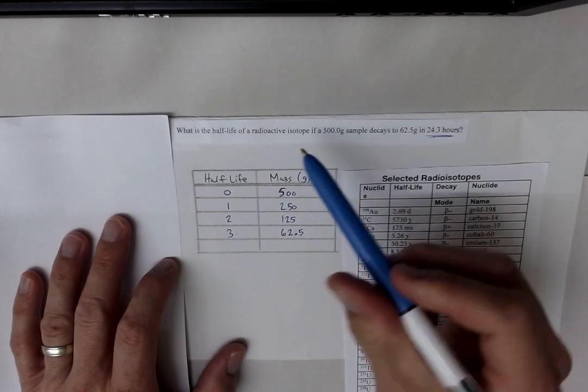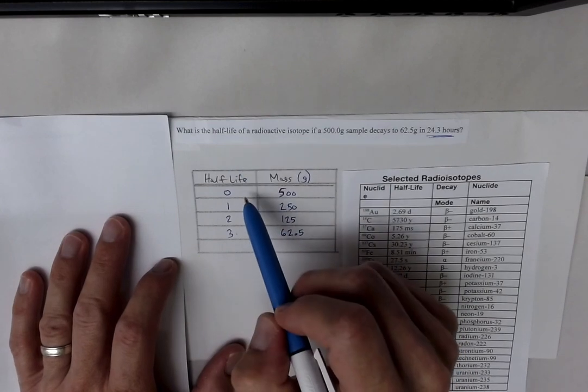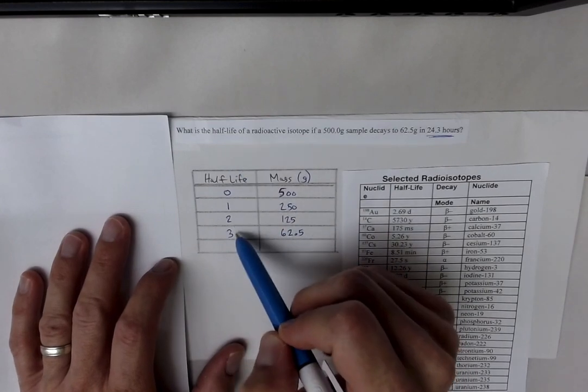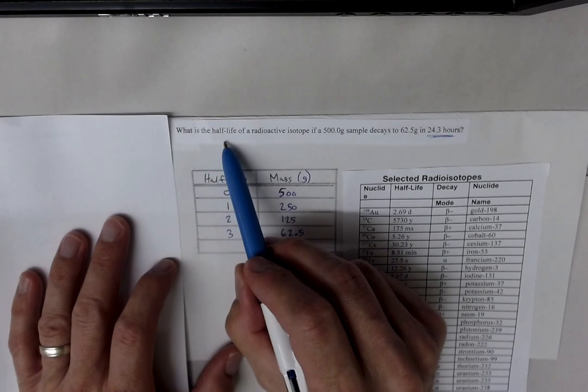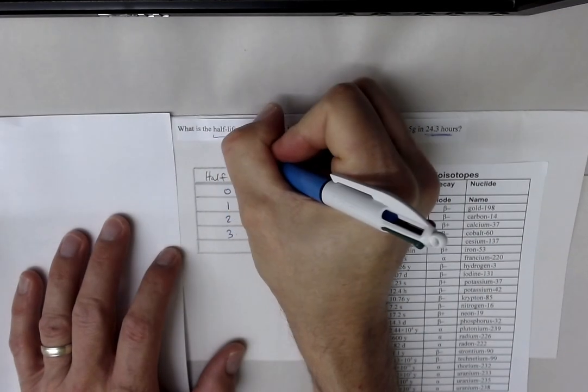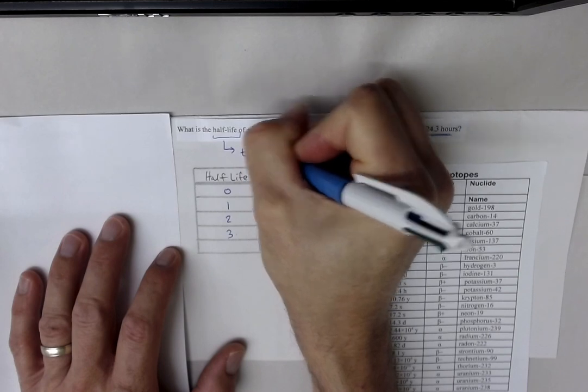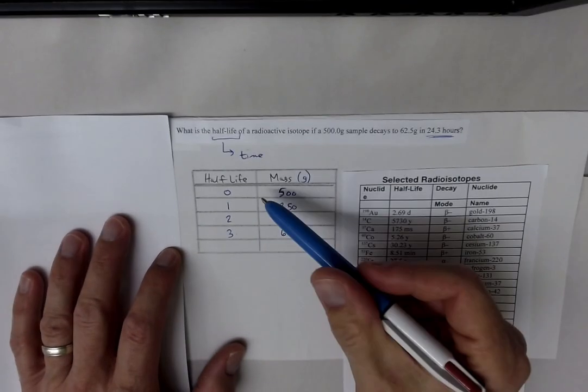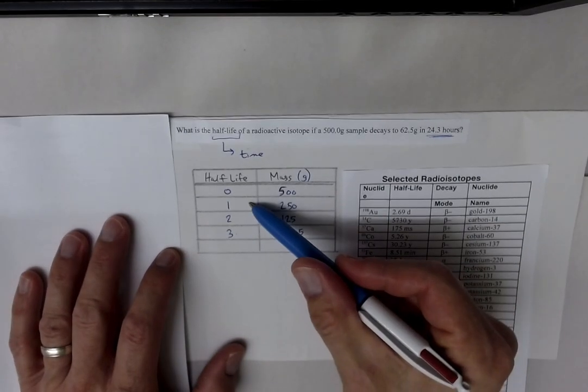The question's not how many half-lives does it take. The question is, what is the half-life? So it's asking about time. How much time does each one of these steps take?